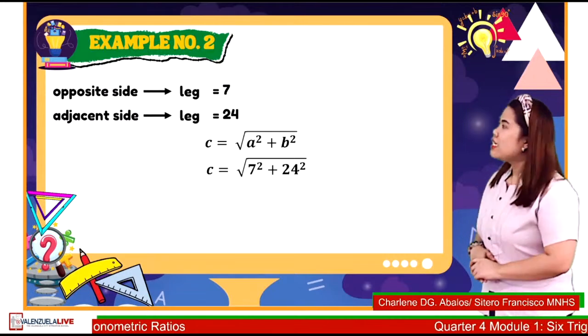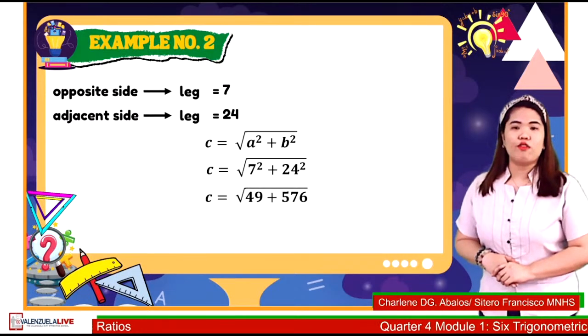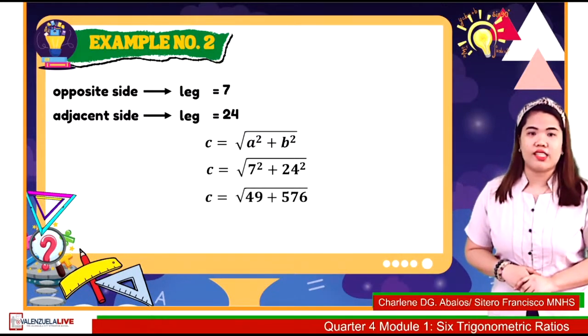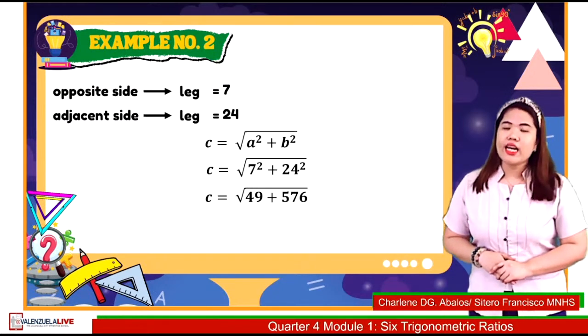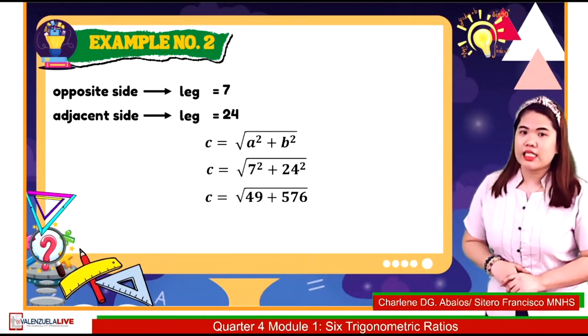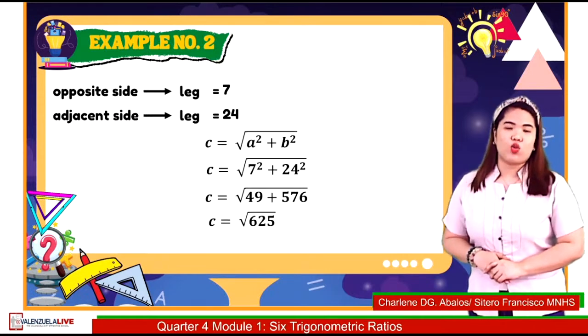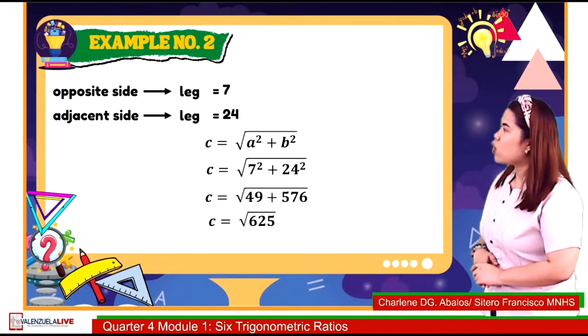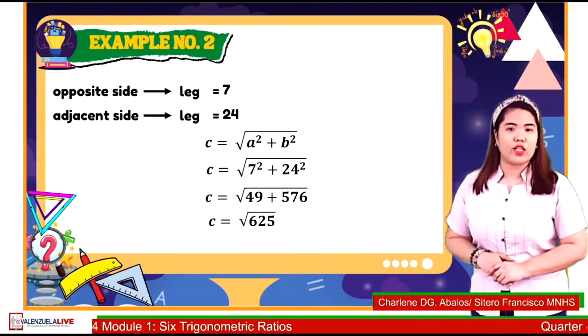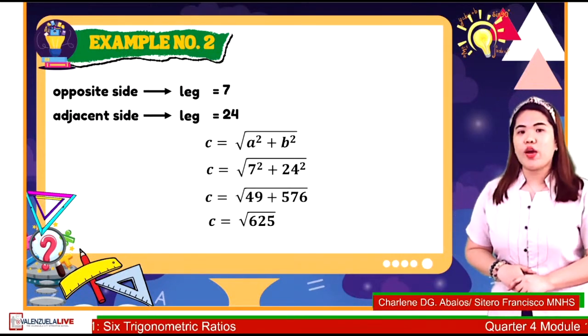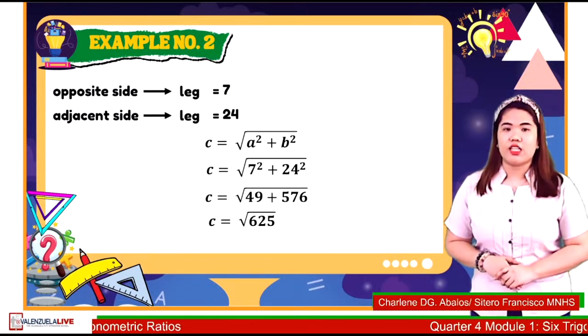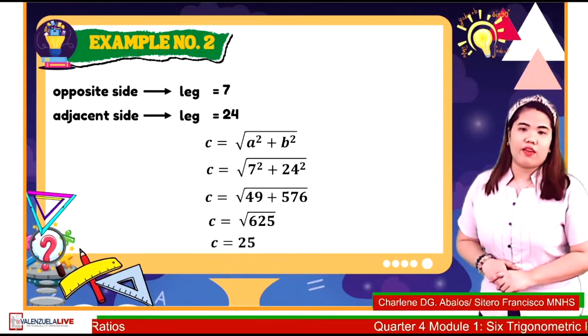And we will have C is equal to the square root of 49 plus 576. 49 plus 576 is equal to 625. That's why we have C is equal to the square root of 625, and the positive square root of 625 is equal to 25.